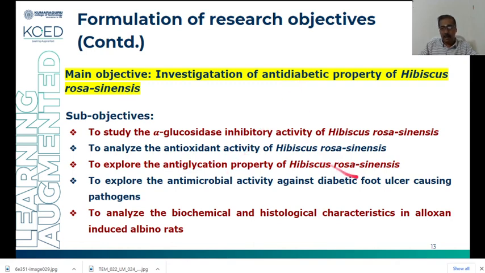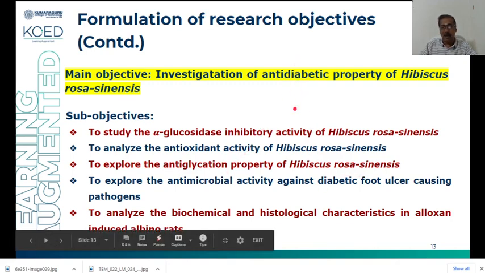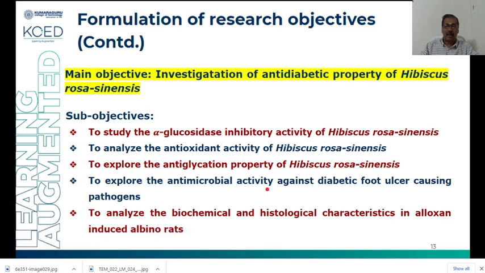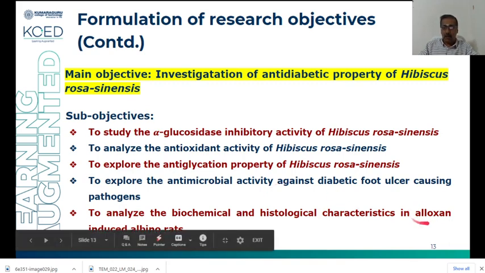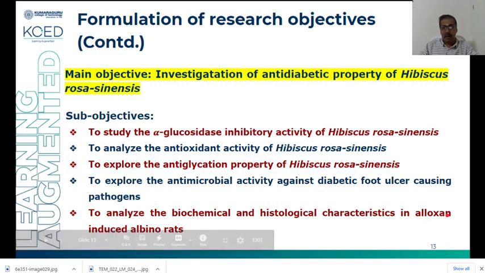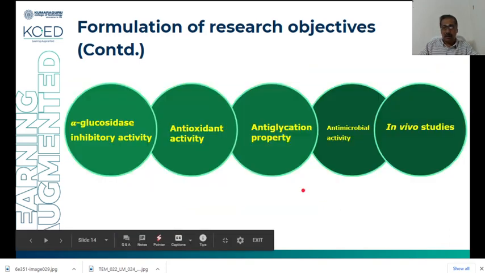Antimicrobial against diabetic foot ulcer could be one element coming under anti-diabetic. Finally, you can end up with experimental animals. You can induce diabetes by using alloxan, which is a very famous drug, and you can study the anti-diabetic property in an experimental animal, in an in vivo model. So here you see they are related with each other.